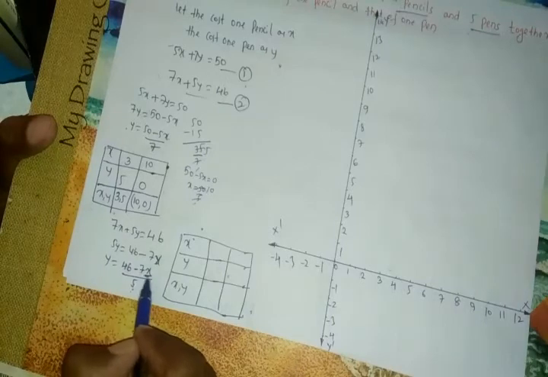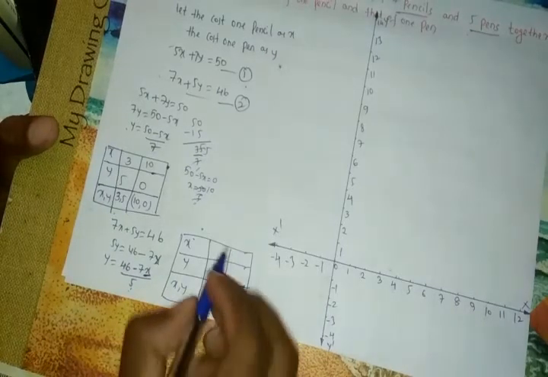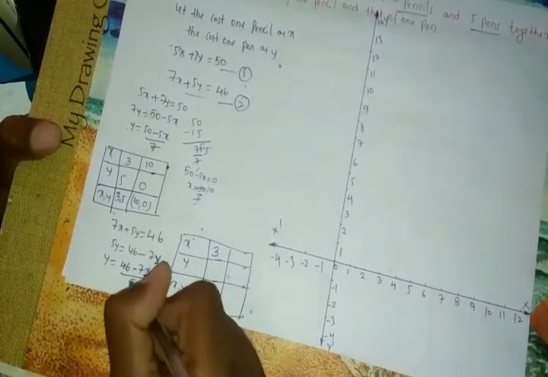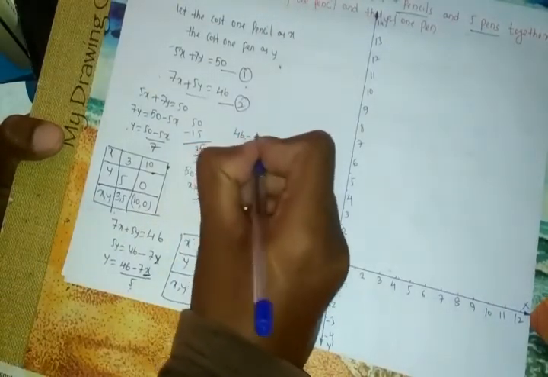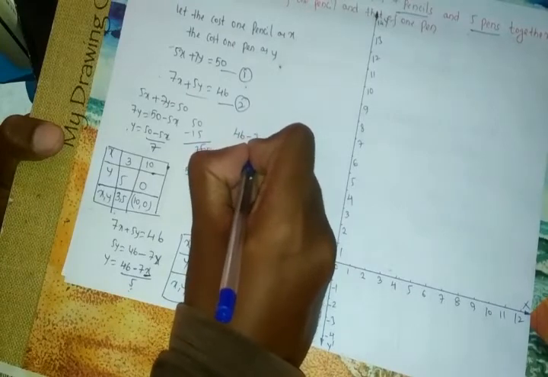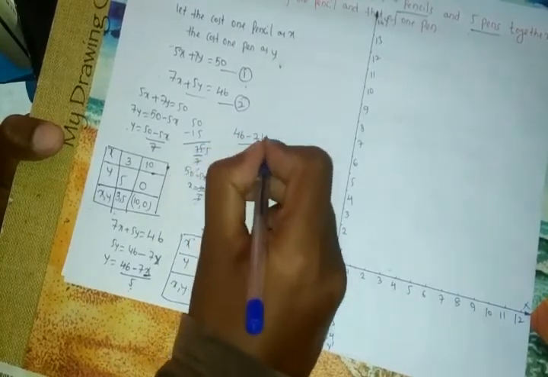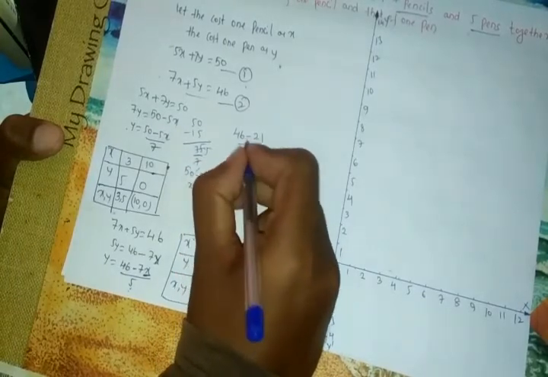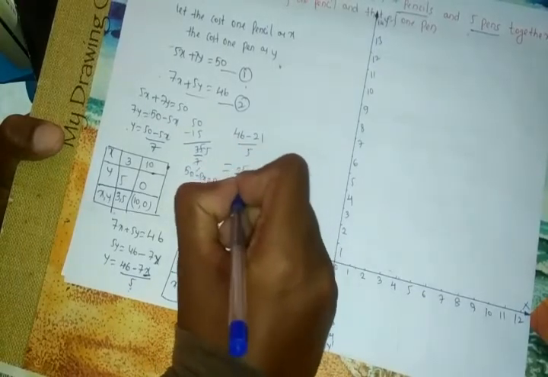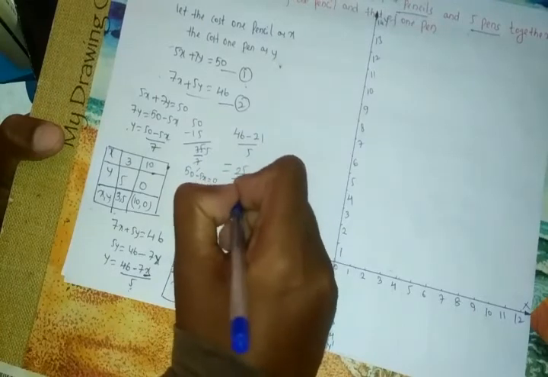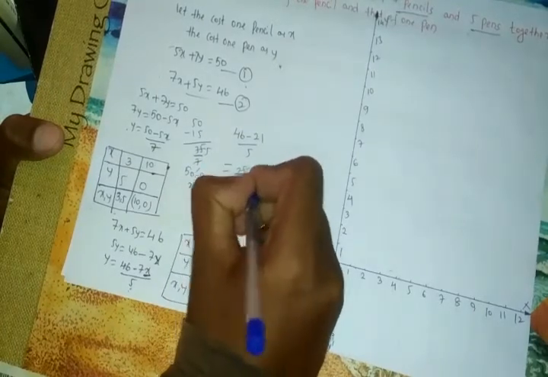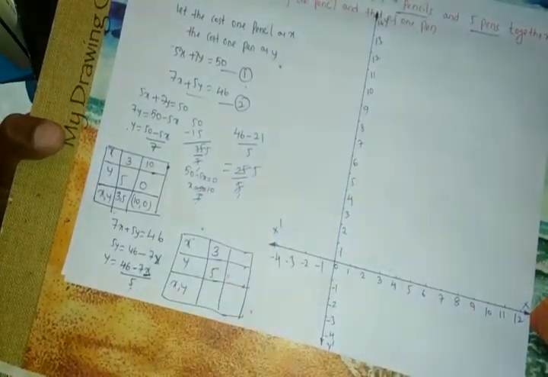For that, let me put x as 3. When I put x as 3, I get 46 minus 7 into 3, which is 21, so 46 minus 21 is 25. 25 by 5 is again 5. So when x is 3, y is 5.